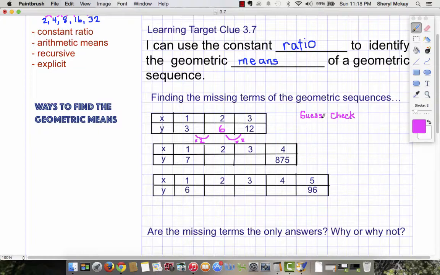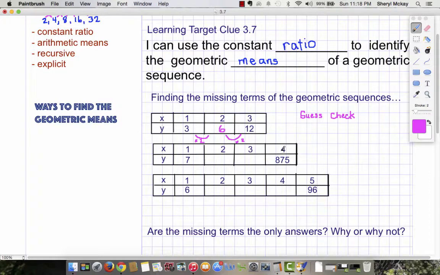And guess and check works. You can usually make it work when you've got one missing term. But it starts to get a little bit more tricky when you get more missing terms, especially as your numbers get so large.